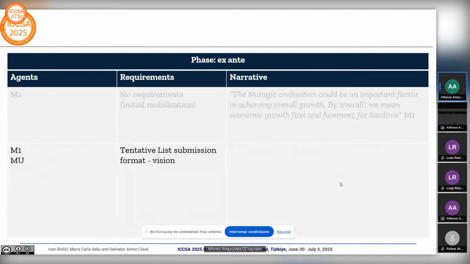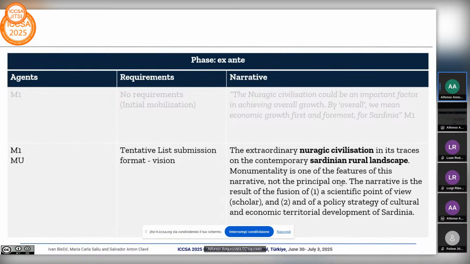So another agent was involved in that process, this MU, and together M1 and MU started to think about the vision that they had to create in order to create the tentative list submission format, which actually is the first official step in order to start a World Heritage process. So the idea of these two different agents was focused on the extraordinary Nuragic civilization and its traces on the contemporary Sardinian rural landscape.